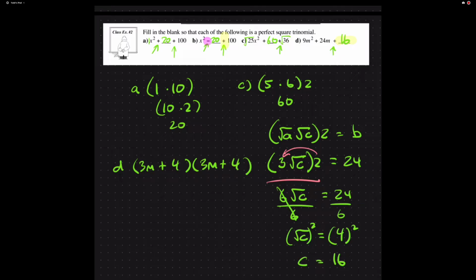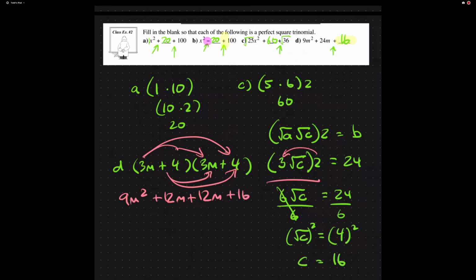Now we're just going to expand that. 3m times 3m is going to be 9m squared. 3m times 4 is plus 12m. 4 times 3m is plus 12m. And 4 times 4 is a positive 16. Combine terms, put in descending order, and you've got the exact same thing that we started with, confirming that our math was correct.